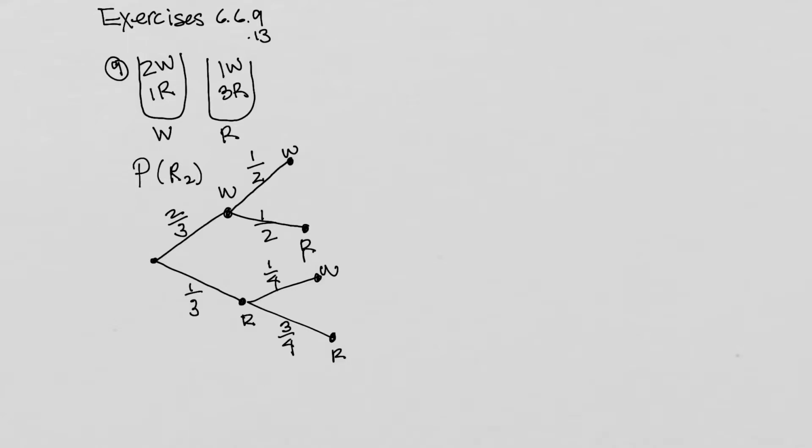How can we get a red ball on the second? We could get a white on the first, a red on the second. So this would do it right here. Or we could get a red on the first draw, and a red on the second. So that would be this node right down here. So how do we get here? We have to go here and here, so that probability is going to be 2/3 times 1/2.